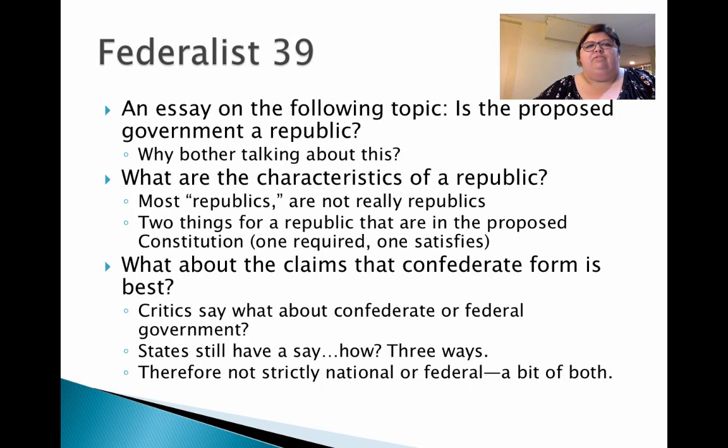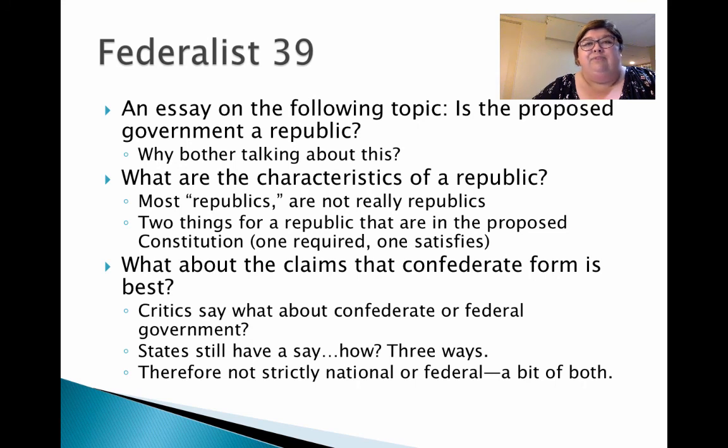And then we have Federalist 39, which is an essay on whether the proposed government is actually a republic. And you might say, well, why are we even concerned with this? Well, the founders, who turned out to be the Federalists, proposed this new form of government as a republic, that a republic has certain virtues and values that make it a worthy proposition.